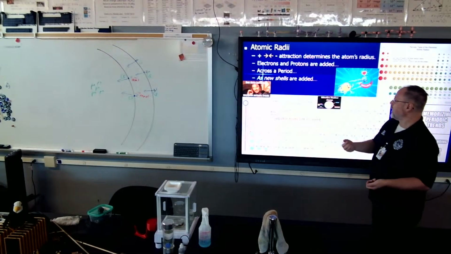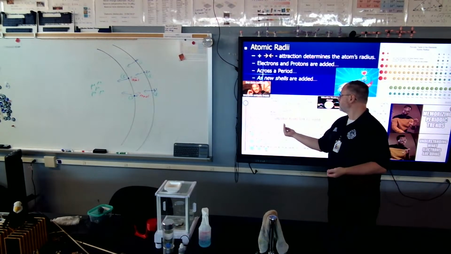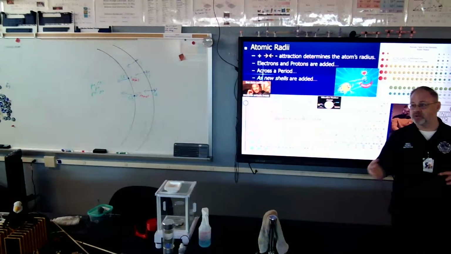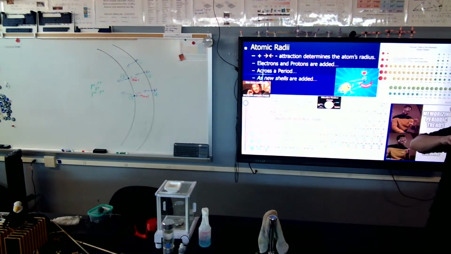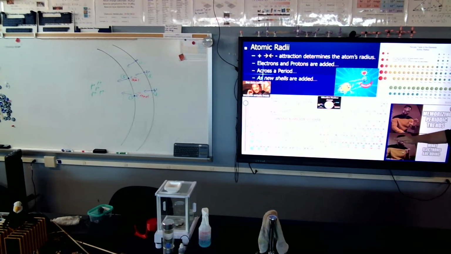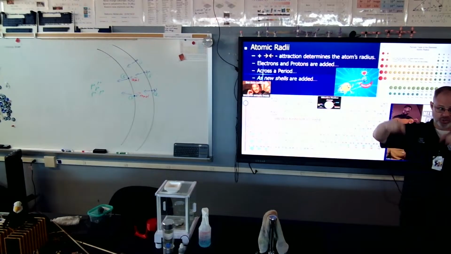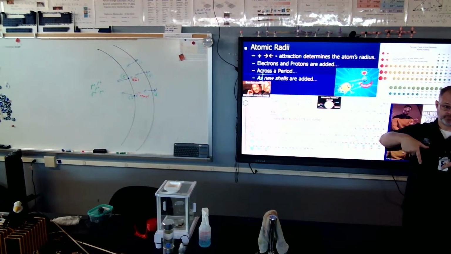So as we add new electrons and new protons, the nuclear attraction for those electrons is increased. Squish, squish, squish. But as we go down a level, we're adding an entirely new shell of electrons, so that outer shell gets repelled by the inner shell. Cool? Other questions? Okay.